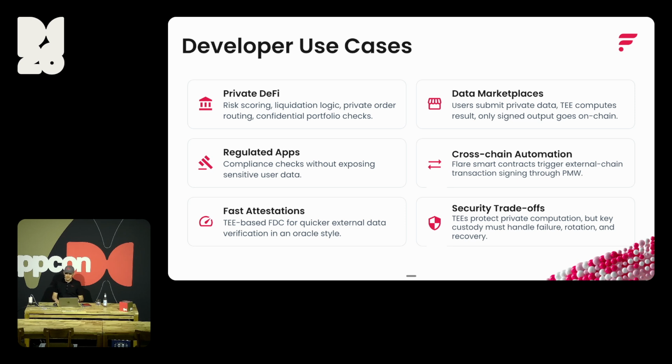And I think there could be some security trade-offs which I need to mention. For instance, with the key, you need to handle failure. Basically, the TEE machine could go down, it can rotate. You need to think about a recovery mechanism, maybe some multi-signature approach for how you store this key.